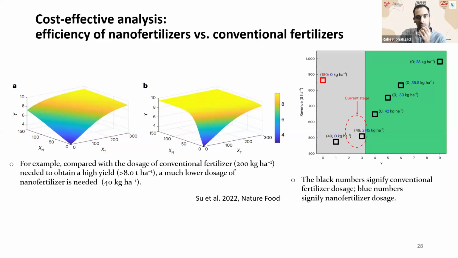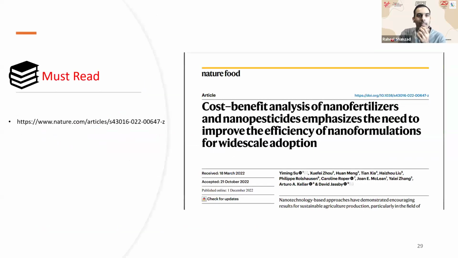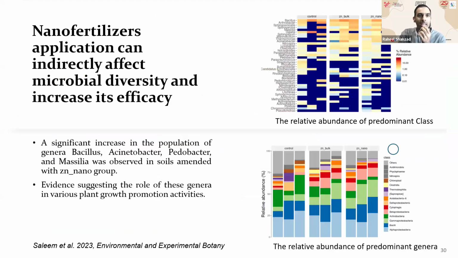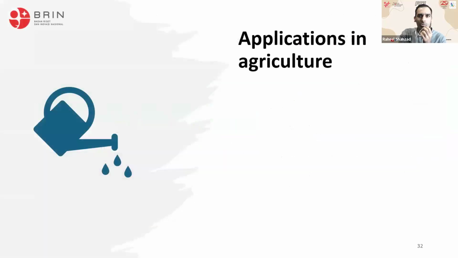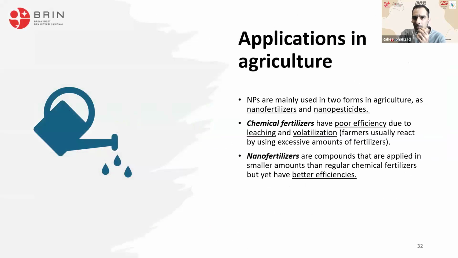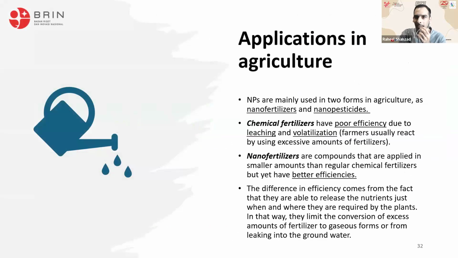So that's very interesting. Another point, quickly: nanofertilizer application can indirectly increase efficacy because of its effect on microbial diversity. Let's go through this quickly, because I want to come to my case study.